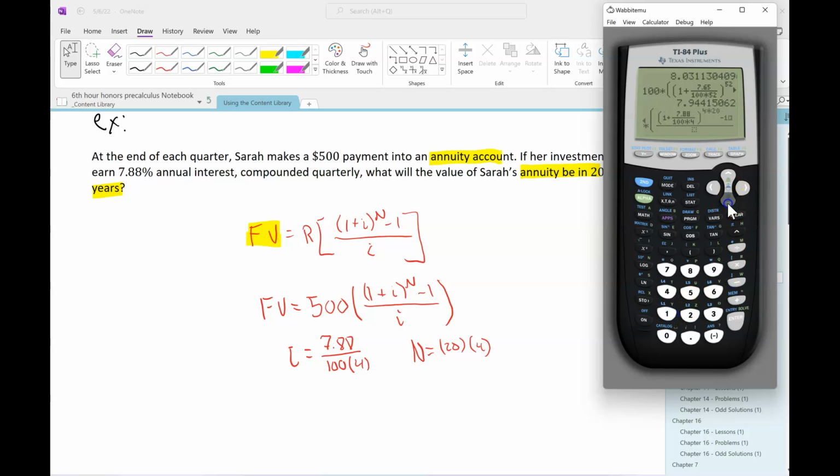But by using the fraction command, I can ostensibly just do exactly what it looks like on my sheet of paper. So I get $95,483.39.